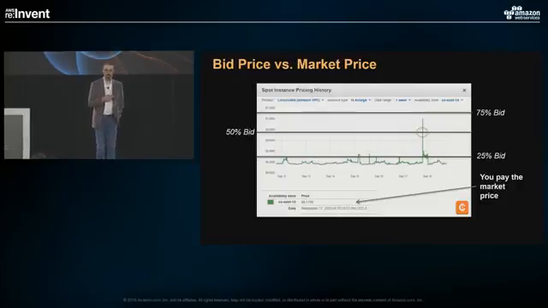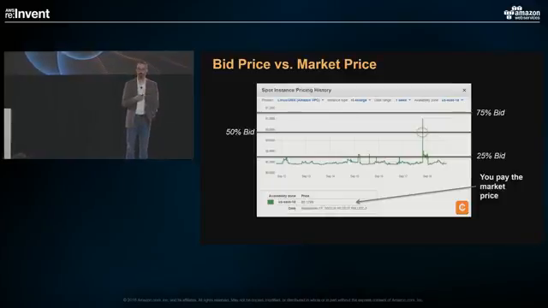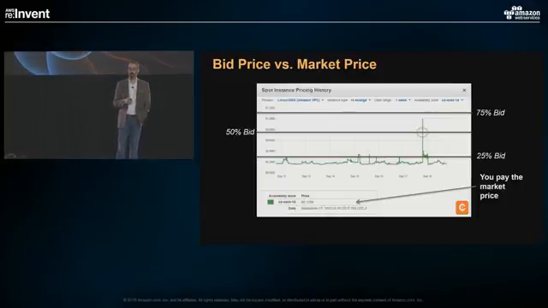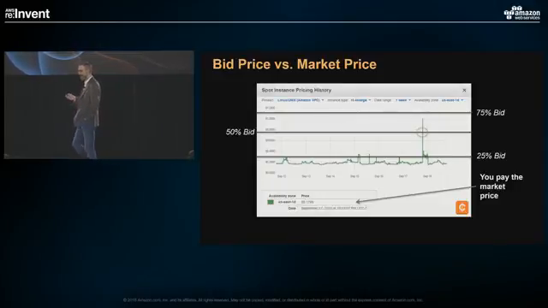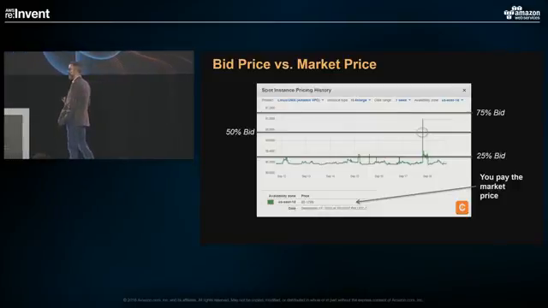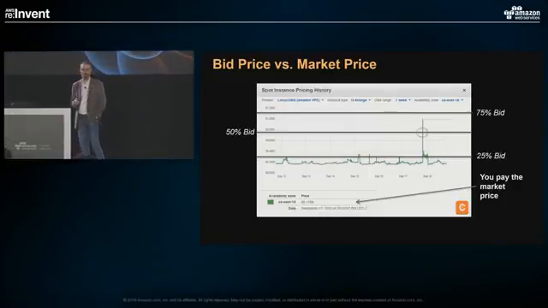So in this case, we ended up with an average discount of 85% at just 21 cents an hour, essentially paying 15% of the on-demand price. So that's pretty cool.